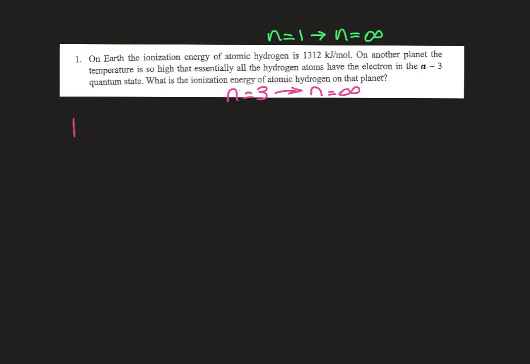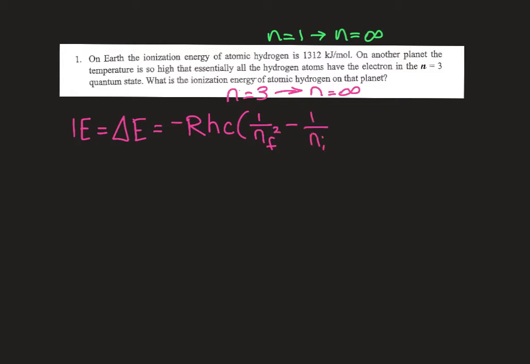So in this case, the ionization energy is going to be equal to the change in energy of the energy levels. And the equation there is the opposite of Rydberg equation, constant times Planck's constant times speed of light, and then the quantity 1 over final energy level minus 1 over initial energy level.